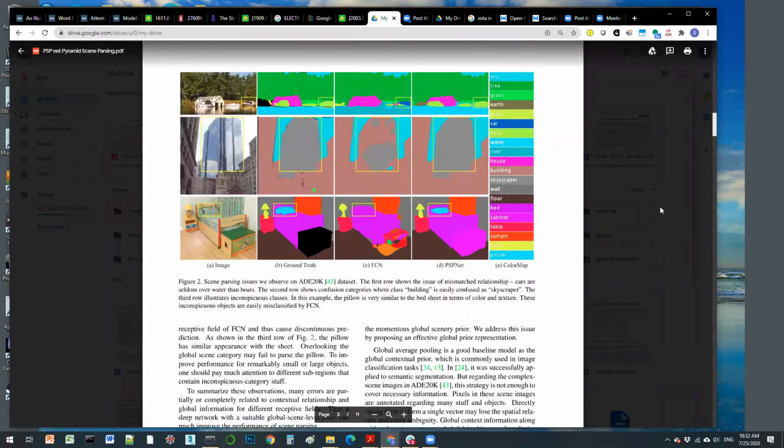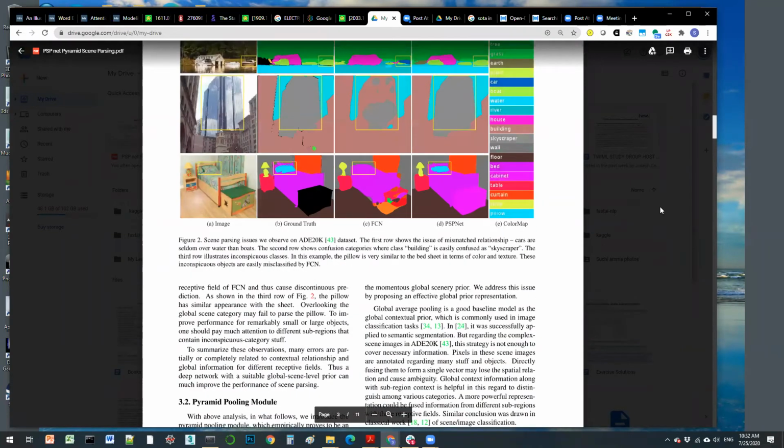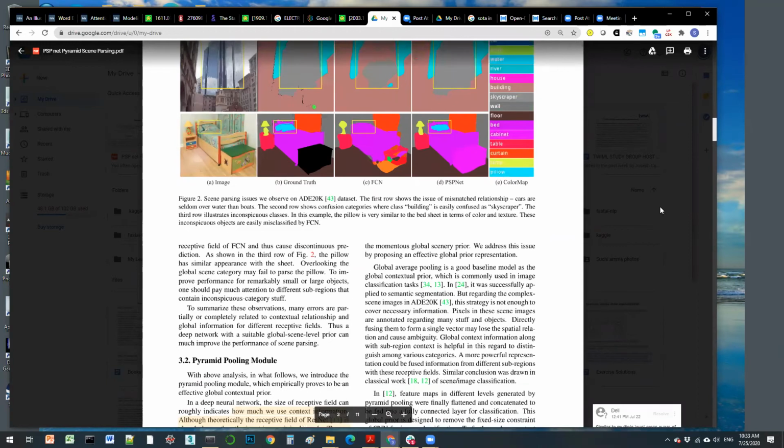Was PSPNet out before UNet? Is that why? No, I believe this is more recent because UNet is older. Yeah, UNet is older by at least a couple of years. I thought it was 16, 17 for UNet. Yeah, now when we read it, at least for me, the main problem was I was always continuously thinking versus UNet.